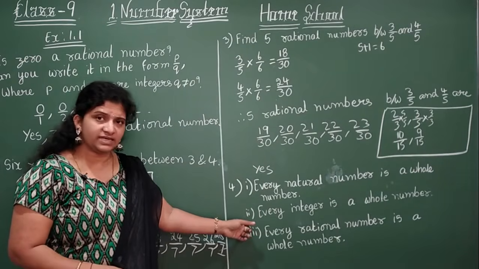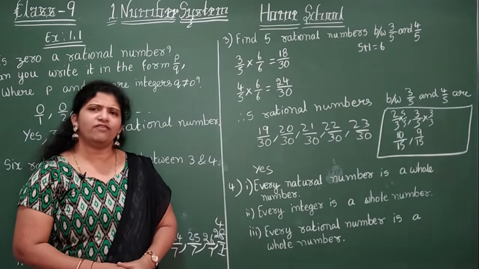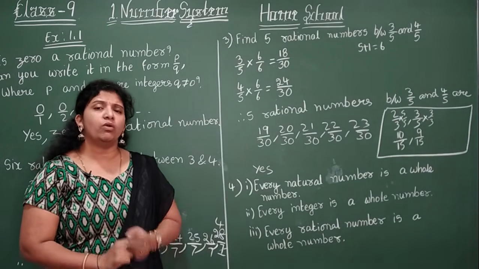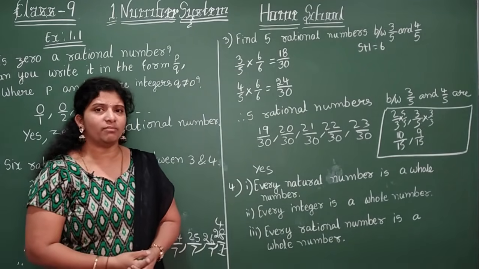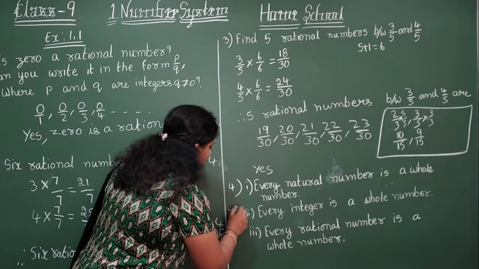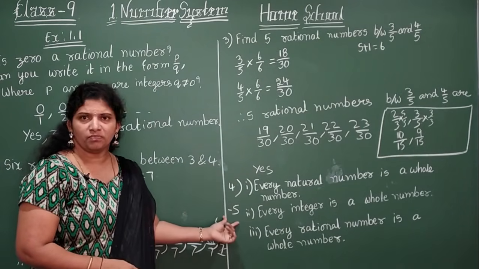Coming to your second statement, every integer is a whole number. Just think over here, children. What are integers? Whole numbers along with the negative numbers. Right? Suppose we take a negative number, -5, what happens? Is this a whole number? No, never.